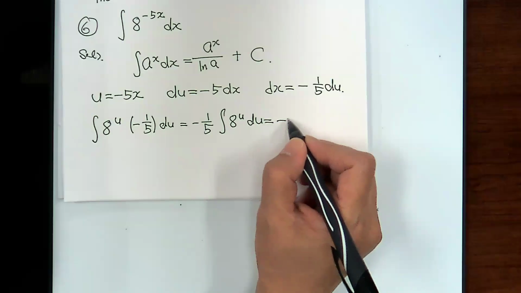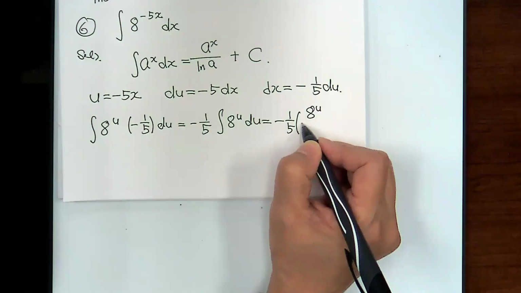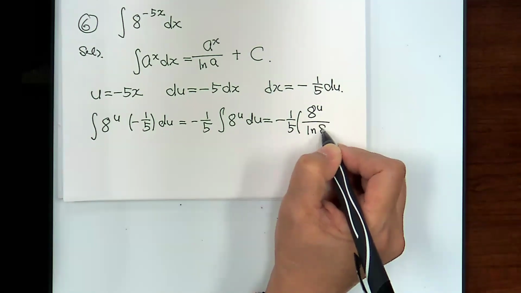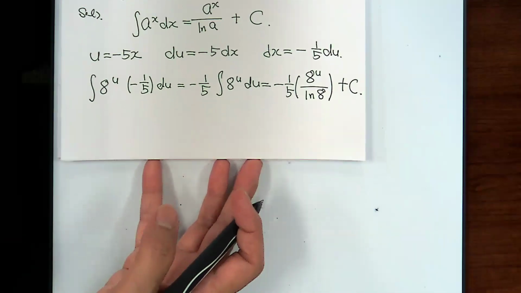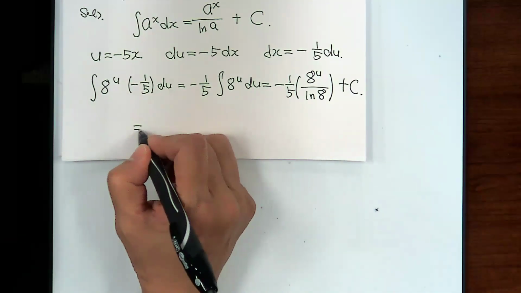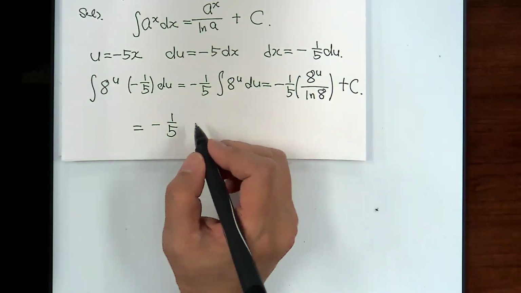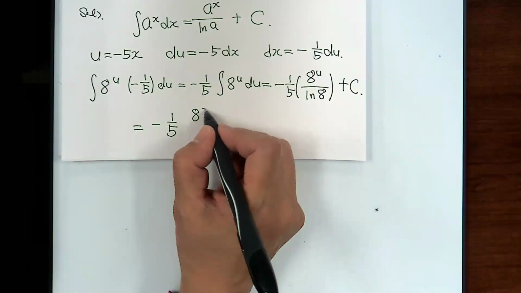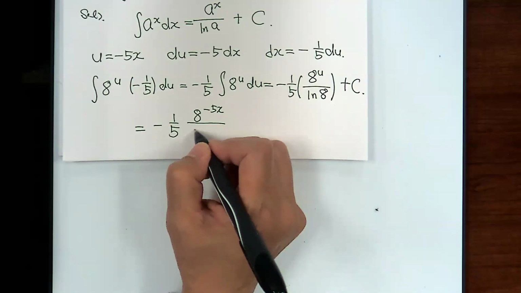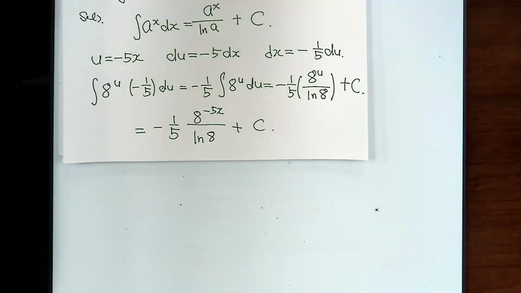So that's minus 1 over 5 times a to the u over natural log of a plus c. So we change the variable. The original variable was x, so we write minus 1 over 5 times a to the minus 5x over natural log of a plus c, because u was negative 5x.